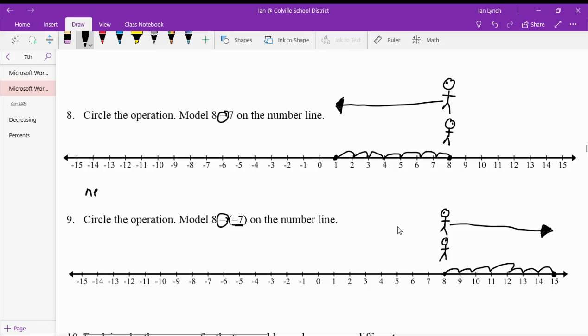So let me write this out. Negative numbers, we move backwards. Positive numbers move forward.